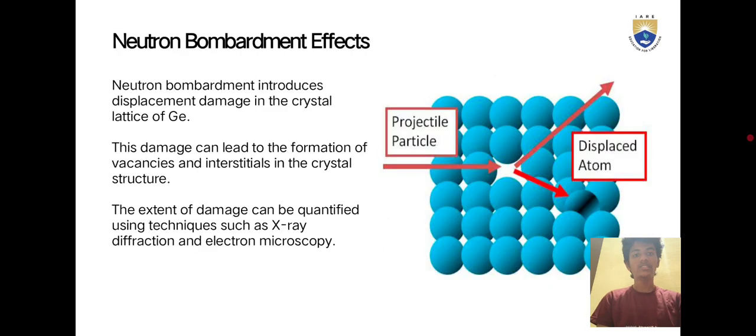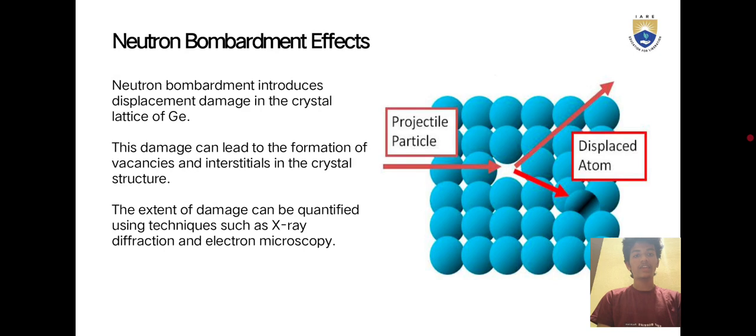The next slide is neutron bombardment effects. Neutron bombardment introduces displacement damage in the crystal lattice of germanium, and this damage can lead to the formation of vacancies and interstitials in the crystal structure.